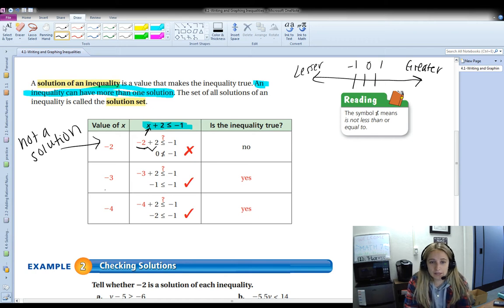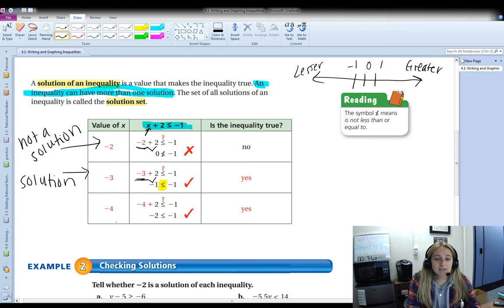Let's look at -3 down here. So -3, when you plug that into where x is, -3 plus 2 equals -1 when you simplify it. -1 is less than or equal to -1. Well, it's not less than, but the key piece right here is that there's that line underneath, which remember means or equal to, okay? And that is in fact true. So yes, this is a solution.